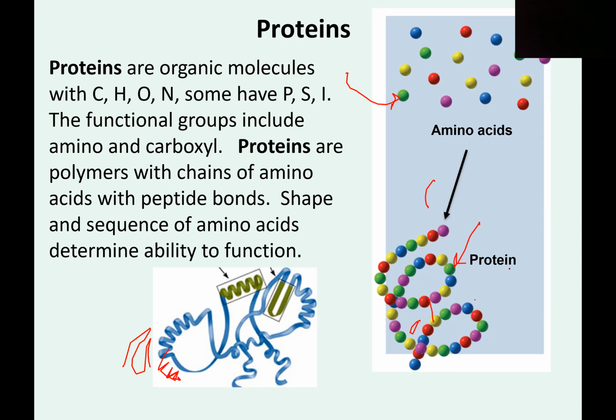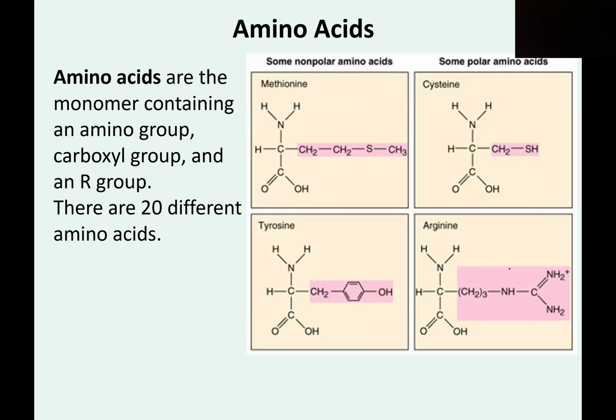So the amino acid is the monomer. You have 4 examples of amino acids. Amino acids are composed of an amino group, a carboxyl group, and what we call the R group, which includes this carbon and hydrogen.